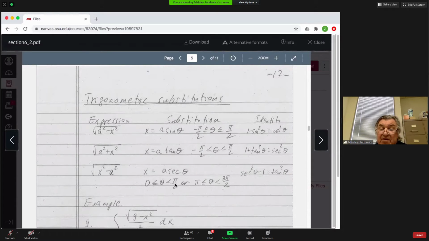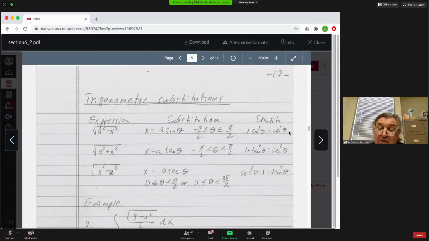There's a reason for this, which we will discuss when we have some examples. And the trigonometric identity is the same here, but written in a different way, namely secant squared theta minus 1 is tangent squared theta. So we will be using the same identity here and here, but written in a different way. Okay, so those are trigonometric substitutions.